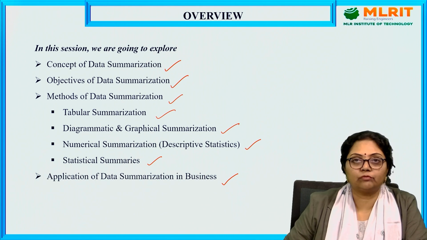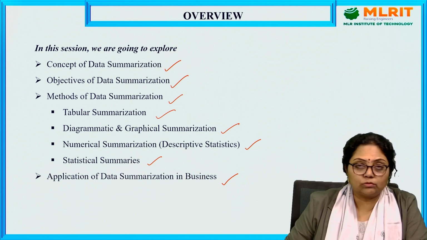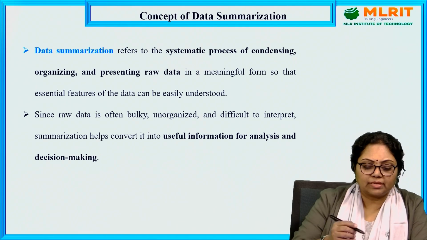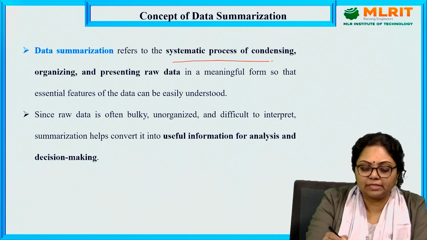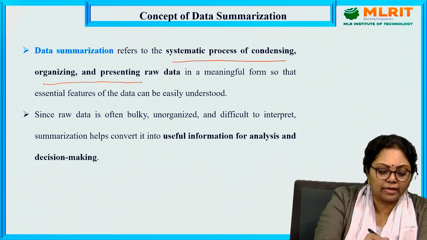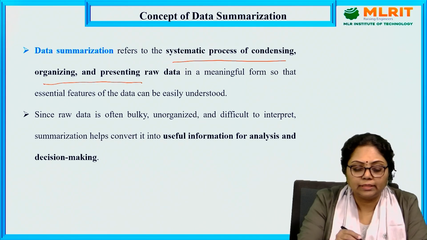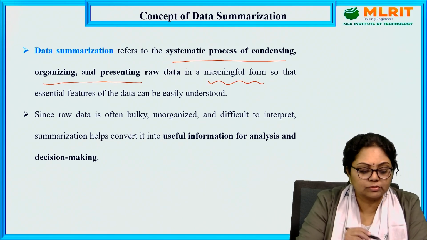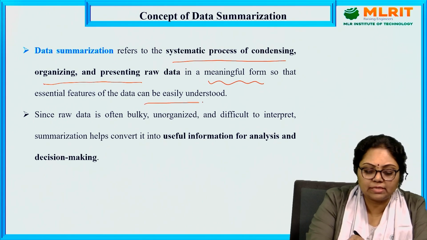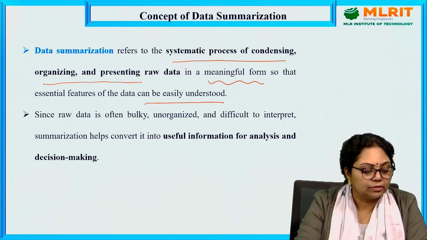Now, moving forward, let's start with the concept of data summarization. Data summarization refers to the systematic process of condensing, meaning reducing, organizing, and presenting raw data in a meaningful form so that the essential features of the data can be easily understood.